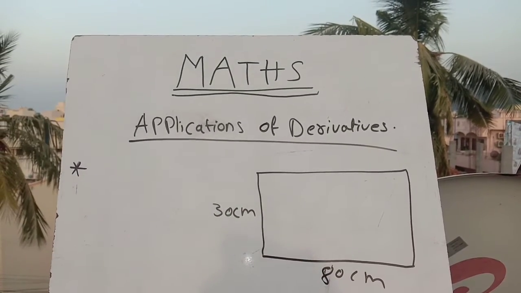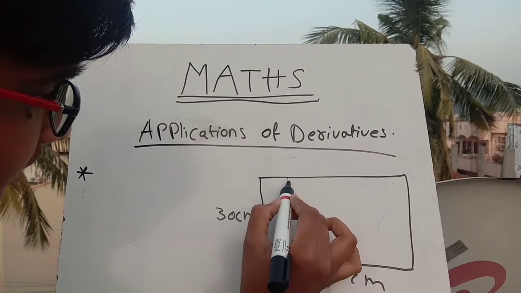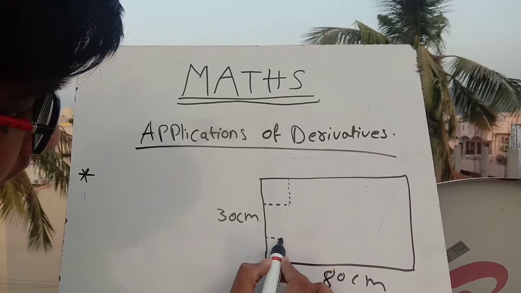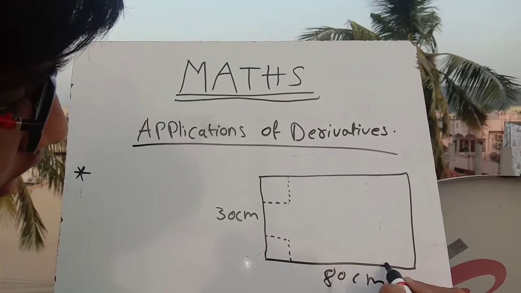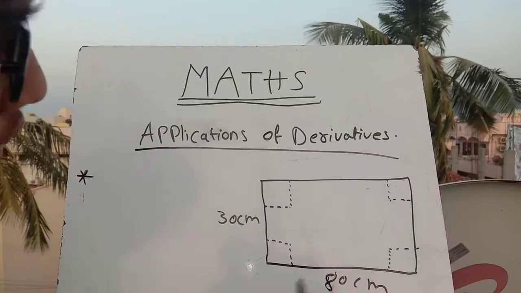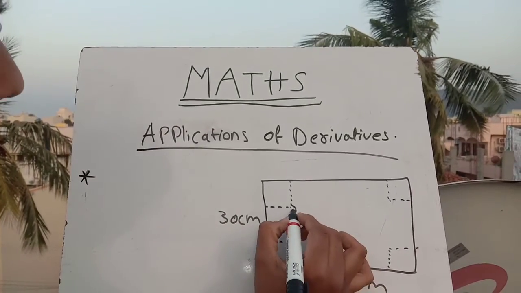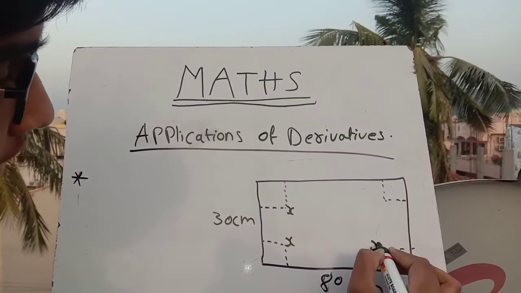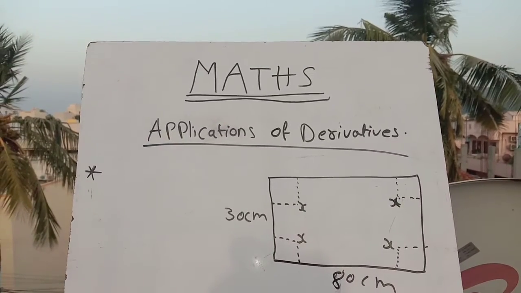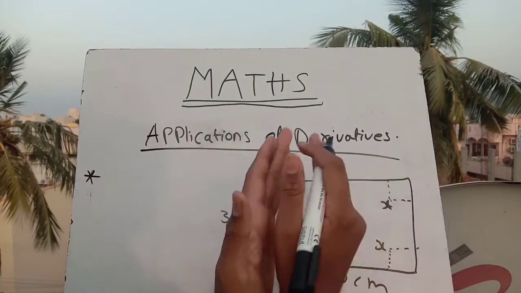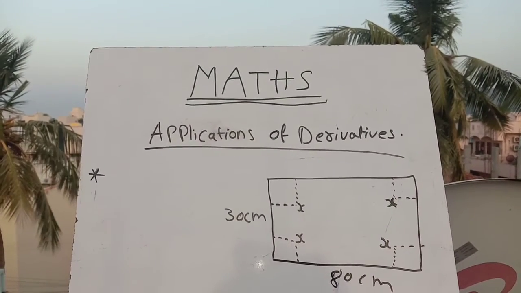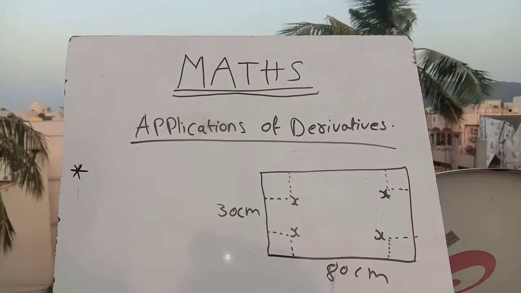He has cut 4 corners, 4 squares, and the lengths are x centimeters, x centimeters, x centimeters and x centimeters. And he has turned up these sides to form an open rectangular box. So the upside is empty for that box.